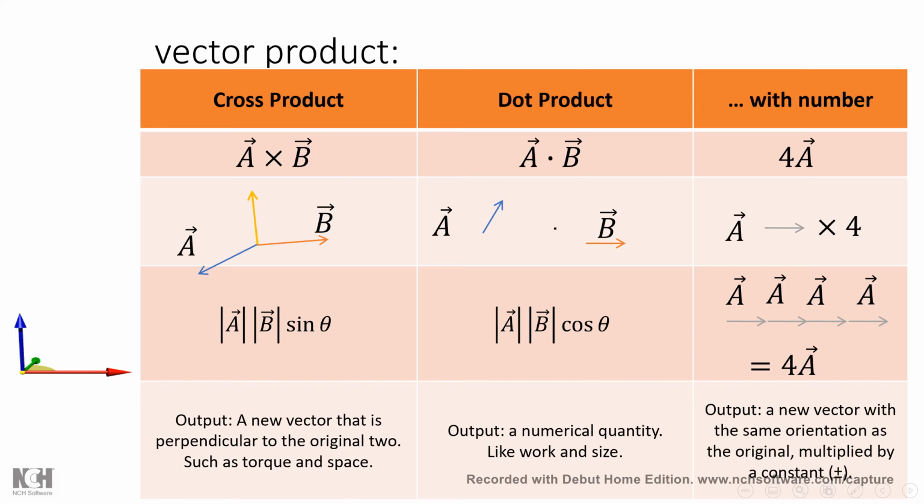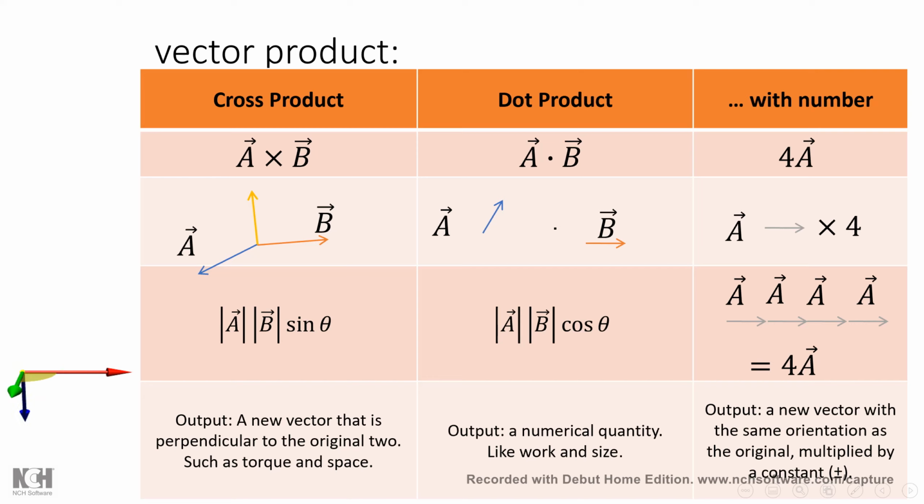It is perpendicular to their surface. If we need to know the magnitude of this new vector, it is the length of A multiplied by the length of B multiplied by the sine theta between them.